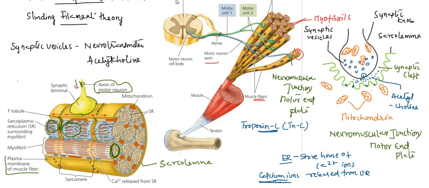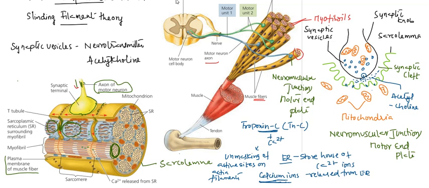So troponin C plus calcium ions will result in unmasking of active sites on actin filaments.